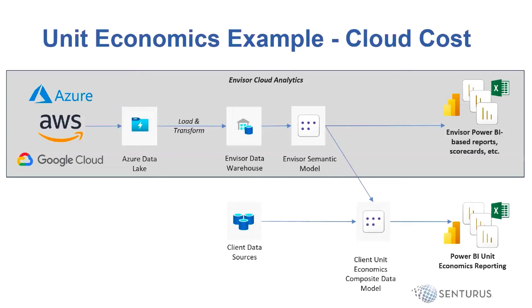But what we're going to show is our Envisor product, which is all about pulling cost and usage information from different cloud providers and cleaning that and normalizing that and modeling that data, and how we can combine that with information from client data sources to produce some really interesting metrics at the end of the day.